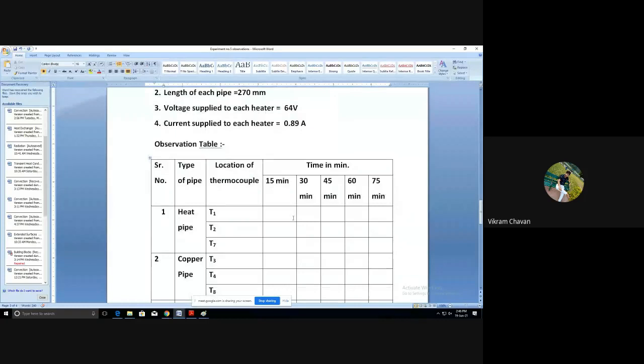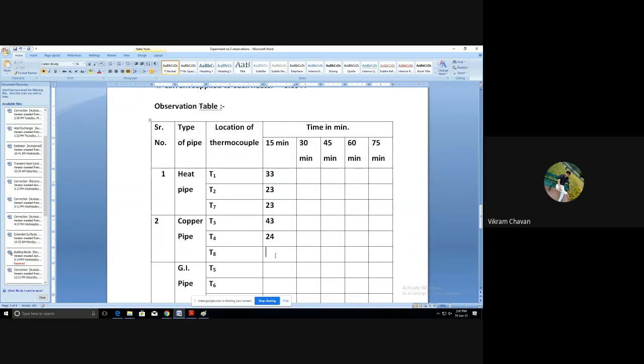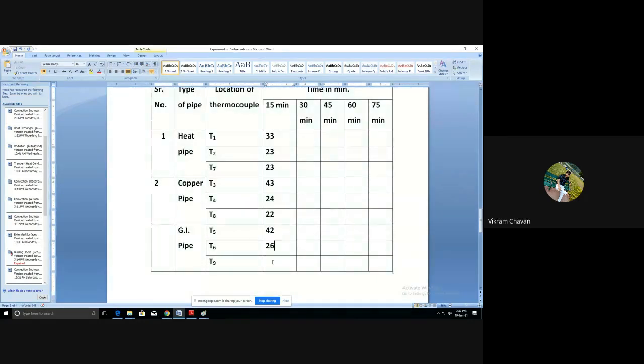For the 15-minute reading, after 15 minutes we are getting T1 as 33, T2 as 23, T7 as 23, T3 equal to 43, T4 equal to 24, T8 equal to 22, T5 equal to 42, T6 26, and T9 24.